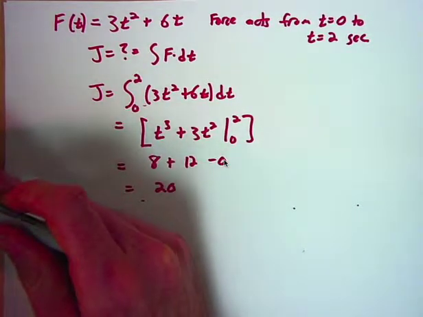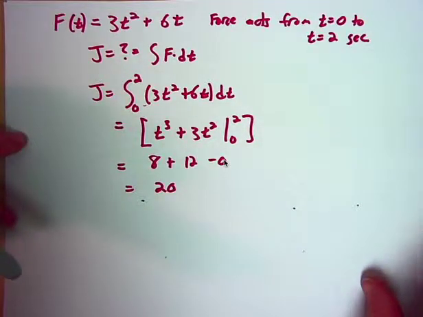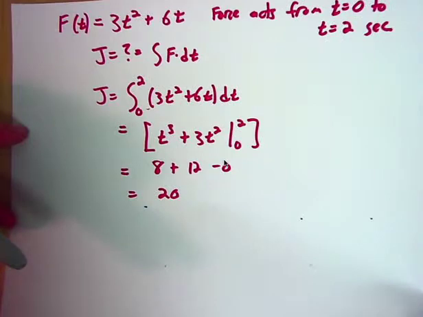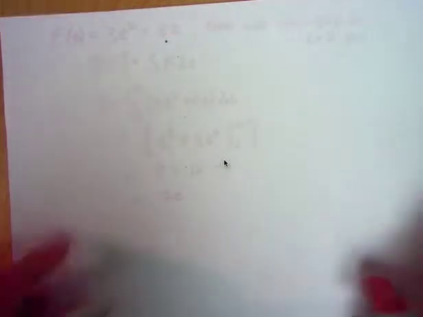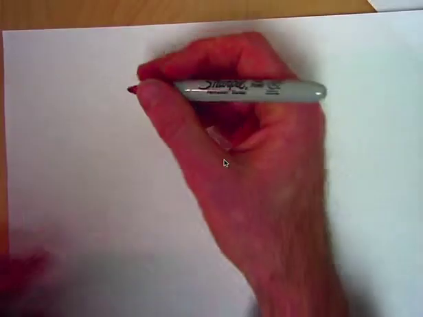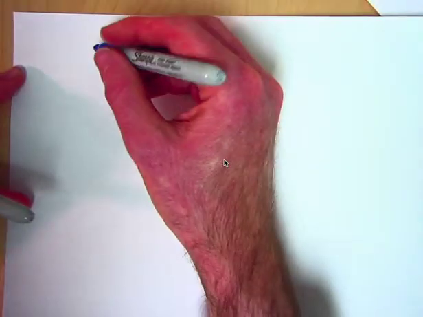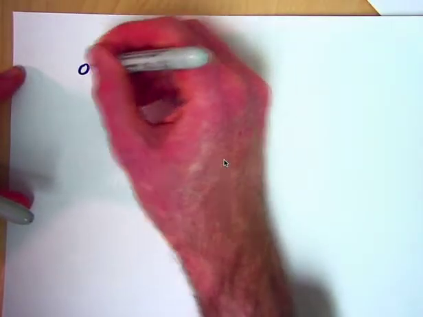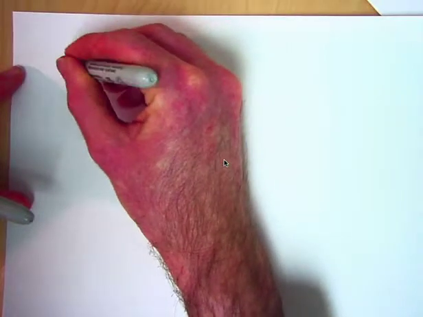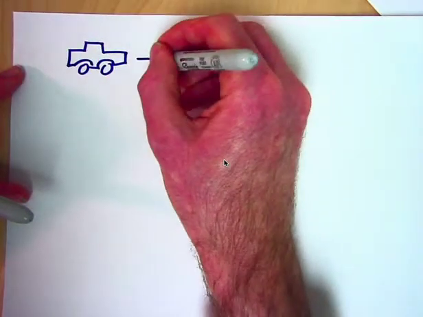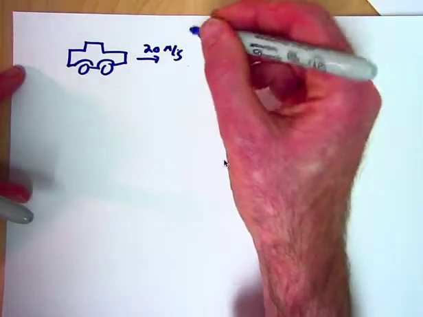Let's do one more impulse problem just to see how this is all going to work out. Just a simple impulse problem, because you'll have some problems like this, some homework problems. Let's say that we've got a car, just making up a problem, and it's driving down the road at 20 meters per second.